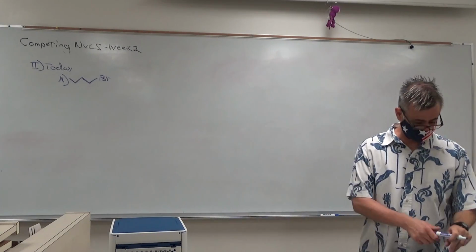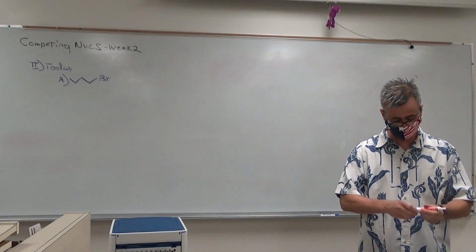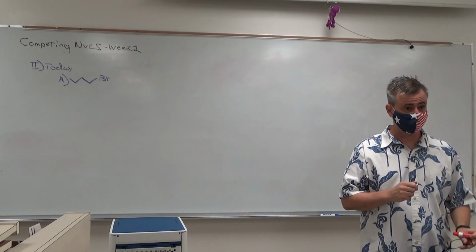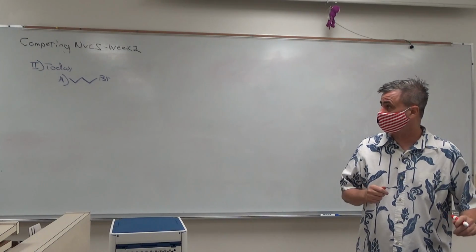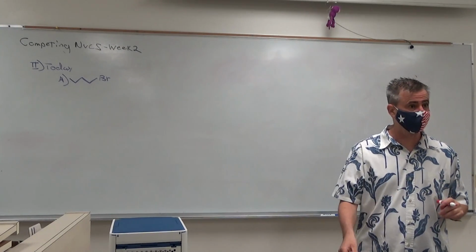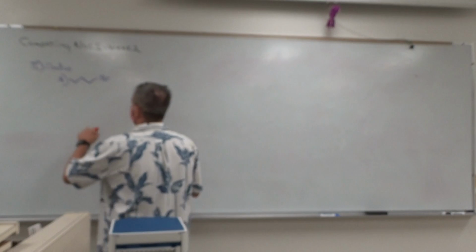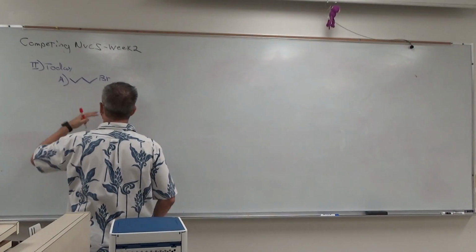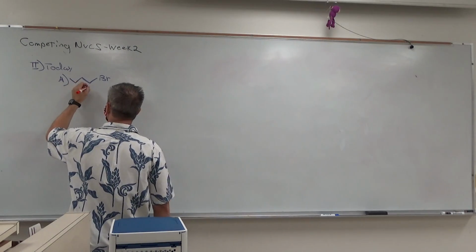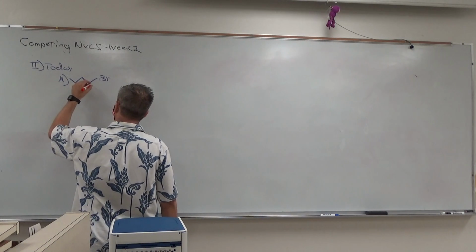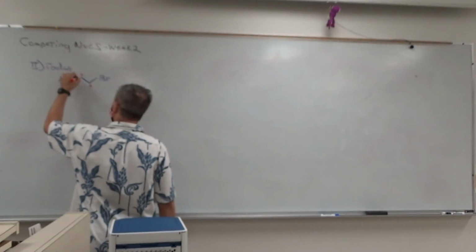How many different proton types are on that molecule? Yeah, it's 4. There, and there. There are no carbons that have the same type of proton, in part because this is asymmetrical. So A, B, C, D.